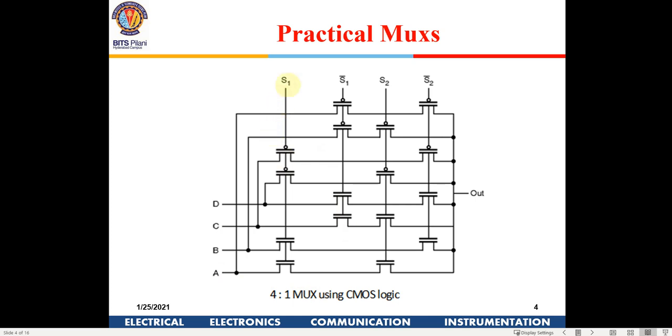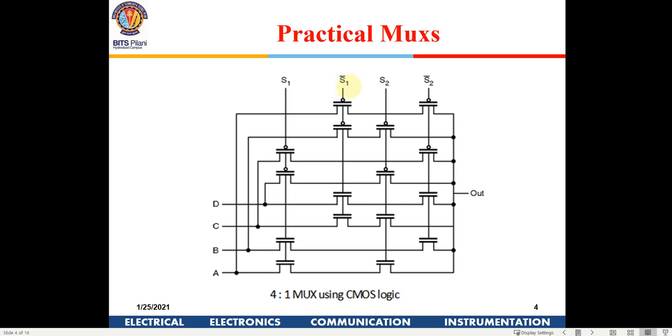If you have S1 equal to 0, right, and S2 equal to 0, you will have, see, S1 is coming here. Okay, in this case it's the other way around, NMOS, right?